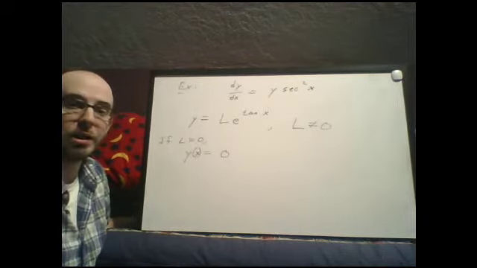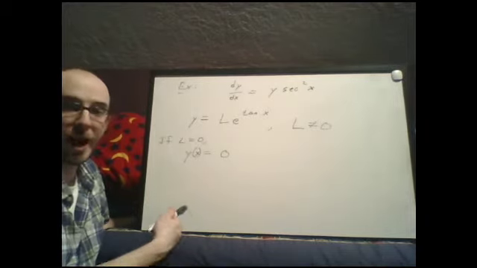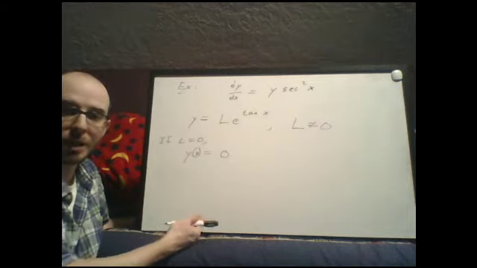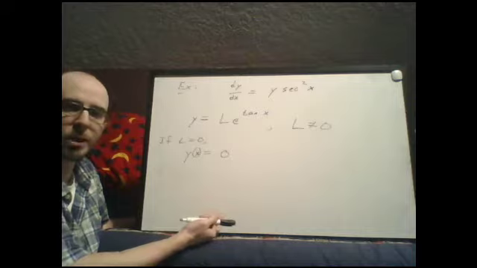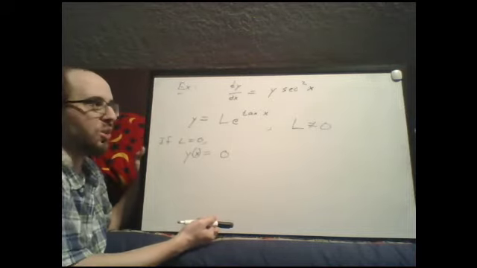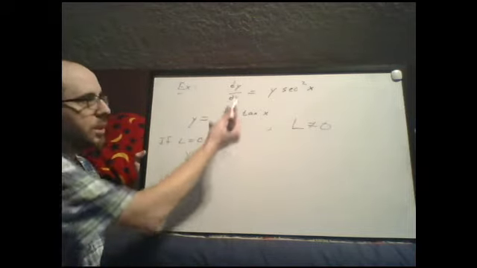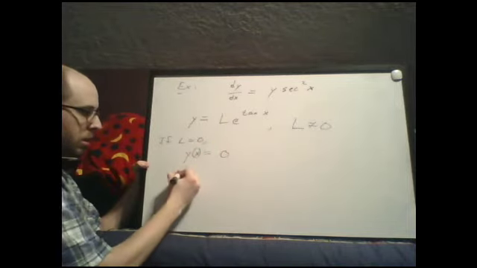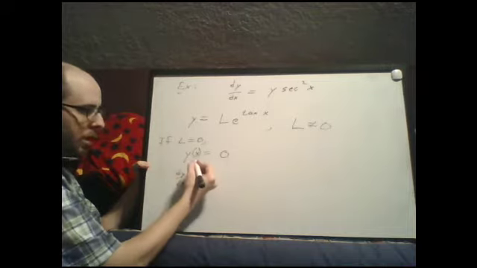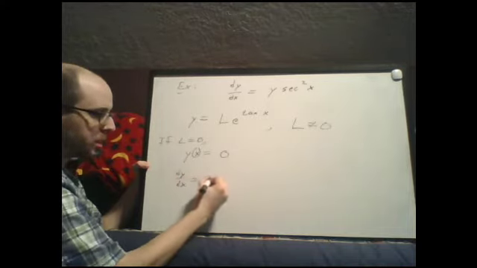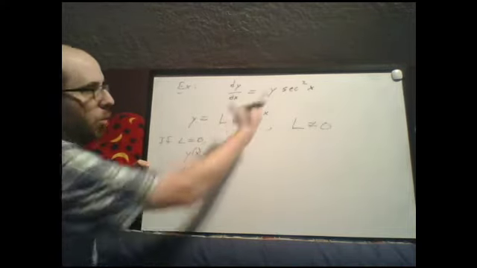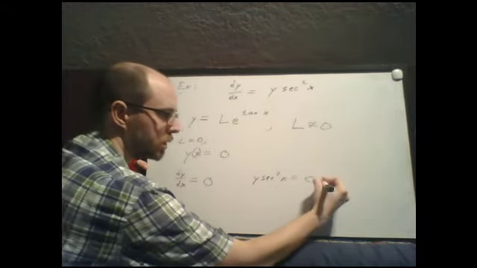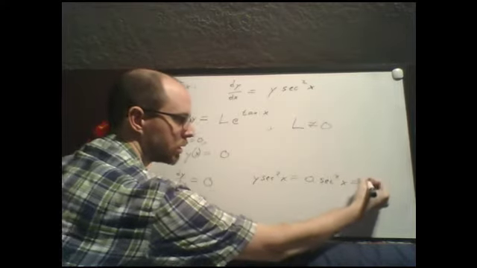So let's check if that's a solution. It's not a solution that came from the work that I just erased, but it looks like it should be a solution. So let's just check directly. Does this function satisfy the differential equation? Well, if y is the 0 function, its derivative dy over dx is 0. And y secant squared x would be 0 secant squared x, which is 0.